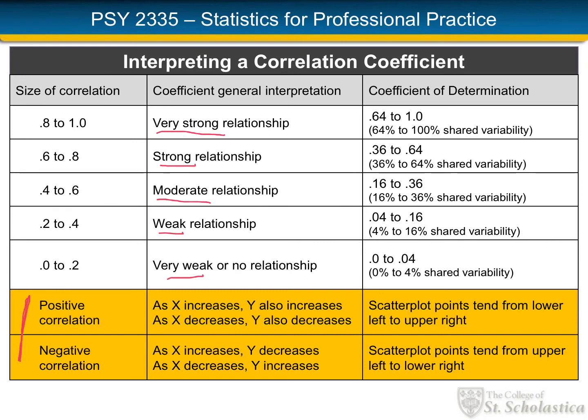Over on the right-hand column, the correlation coefficient that's in the left-hand column is being translated into that coefficient of determination. And you can see that even for that very strong relationship of 0.8, it's really a little bit less than 2/3 of the variability, 0.64 or 64%, that is shared between the two variables.